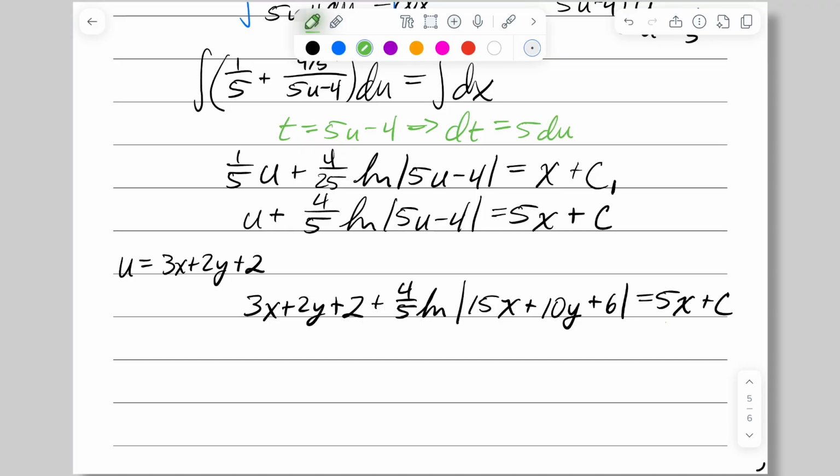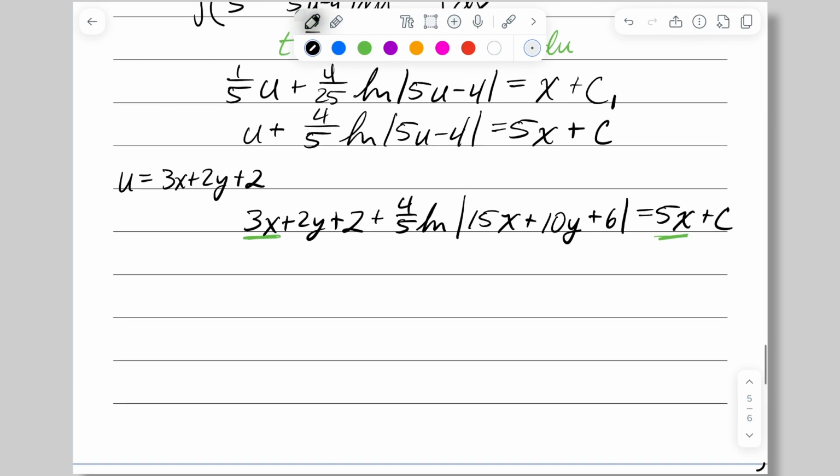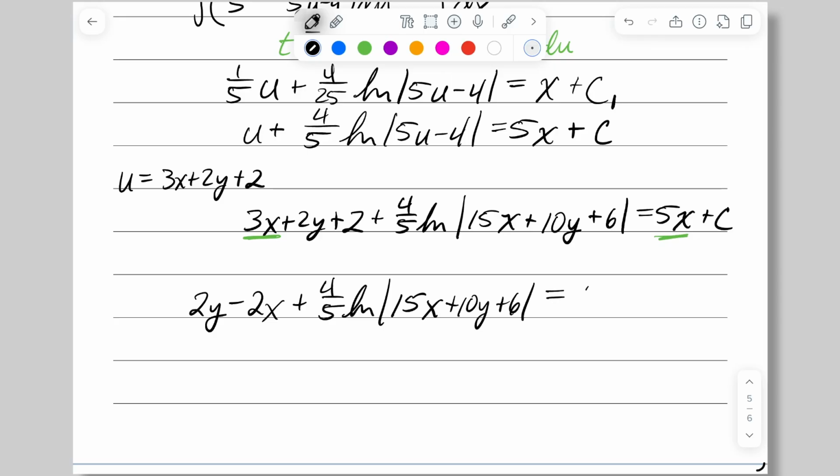I see that we have x's on both sides. Combining like terms is going to give us, let's see, I'll write it as 2y - 2x + 4/5 natural log of the absolute value of 15x + 10y + 6 is equal to a constant.